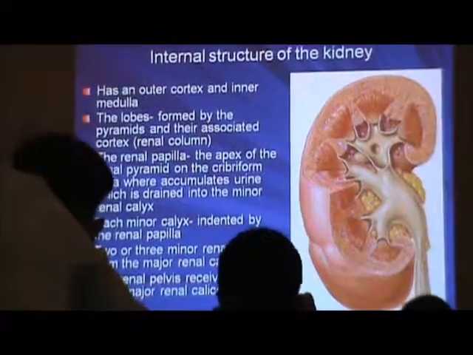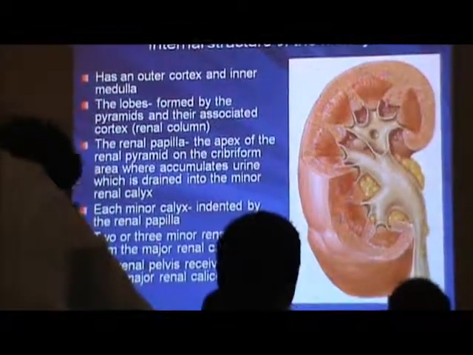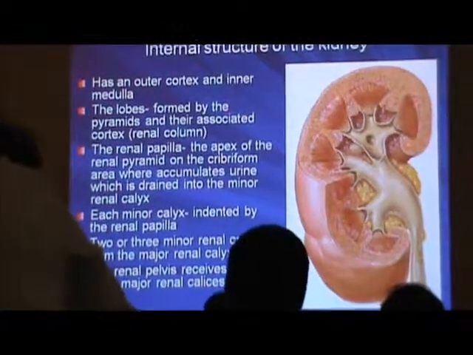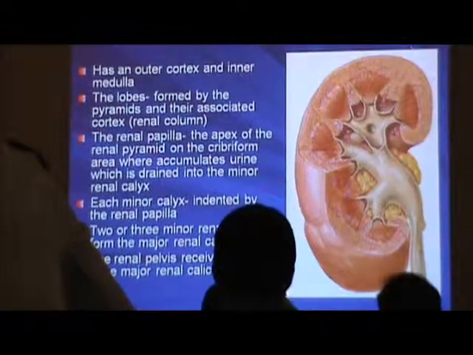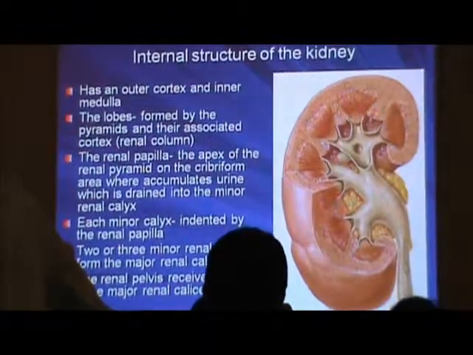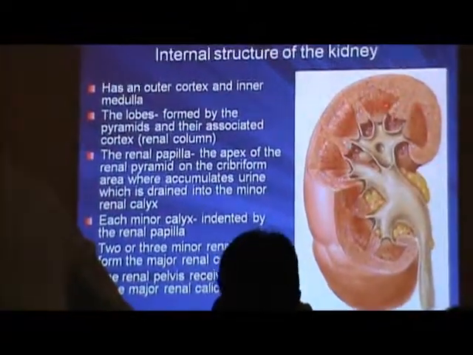When we look into the internal structure of the kidney, we can see that the kidney possesses the outer cortex and inner medulla. The lobes are formed by pyramids, the renal pyramid, and the associated cortex, the renal column.